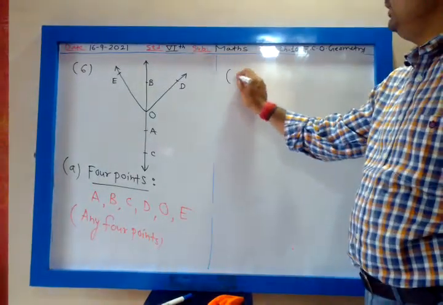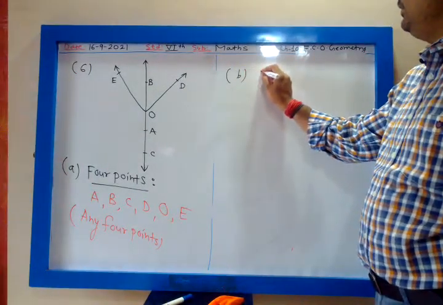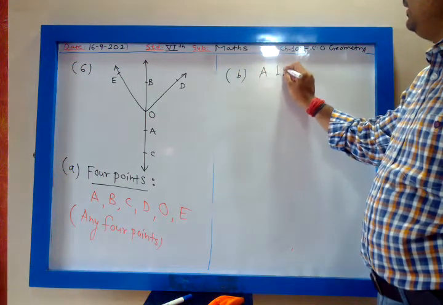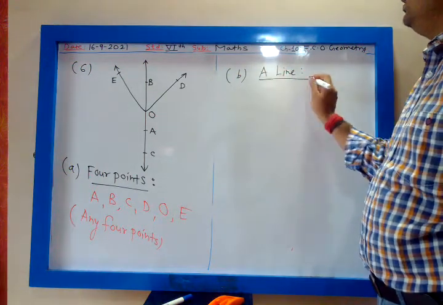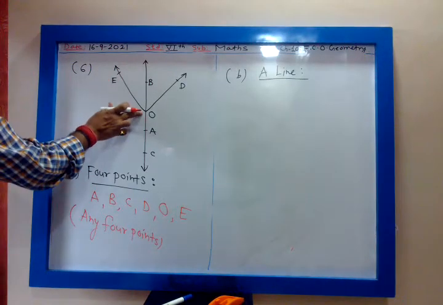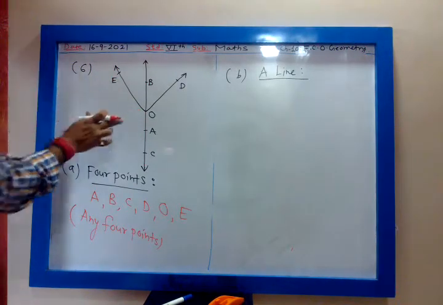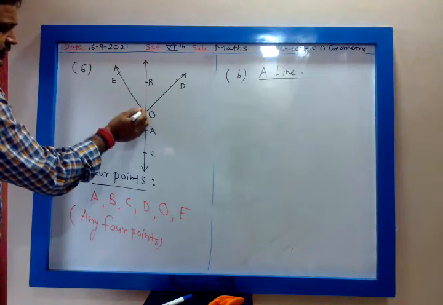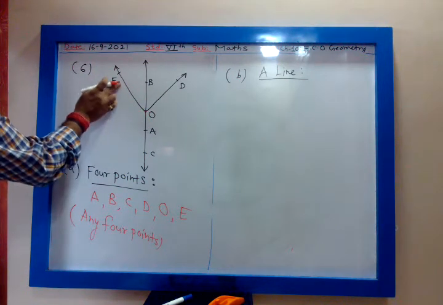Yes. Then second, a line. Very good. Wait. A line. See, what is the definition of a line? A line has arrow at both the sides. So this line, see here. Wait, my dear. Now this is not a line. OE is not a line.